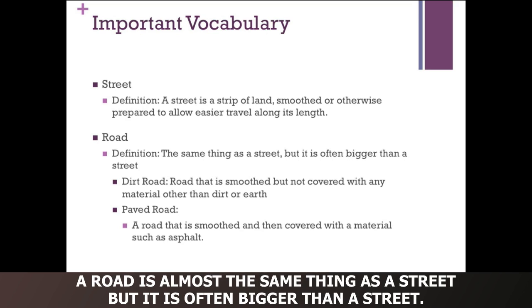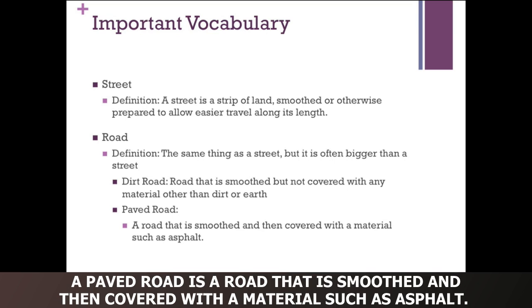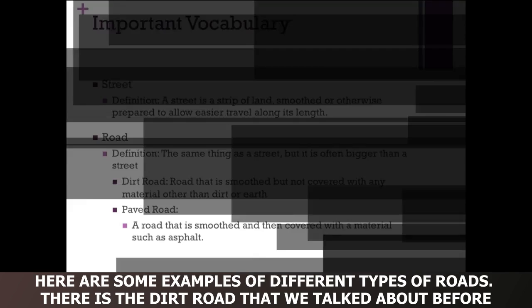A road is almost the same thing as a street, but it is often bigger than a street. A dirt road is a road that is smoothed but not covered with any material other than dirt or earth. A paved road is a road that is smoothed and then covered with a material such as asphalt.